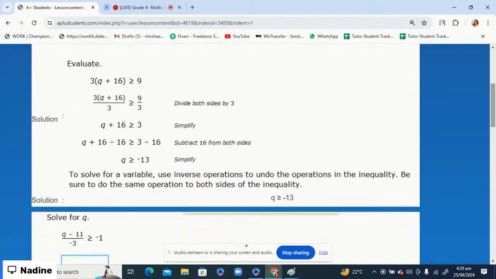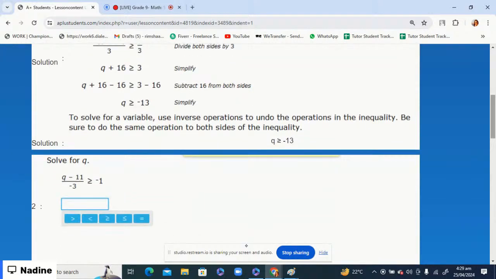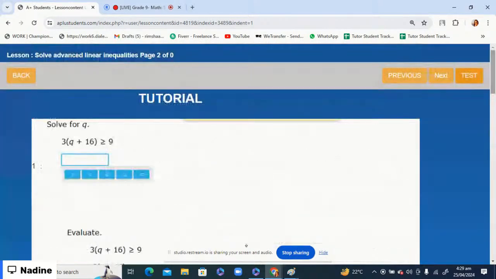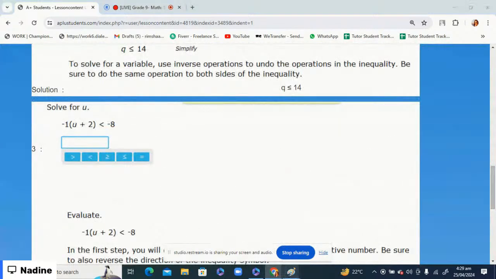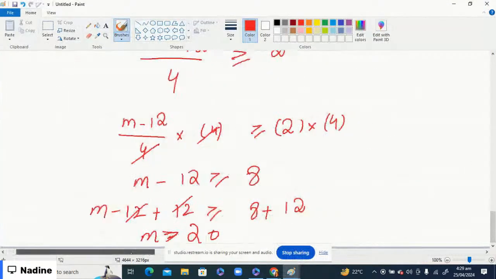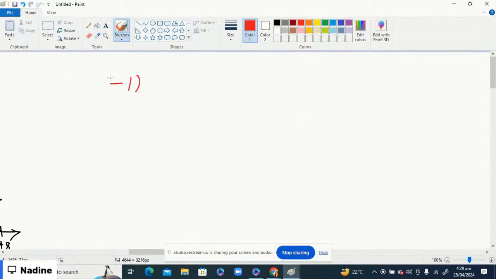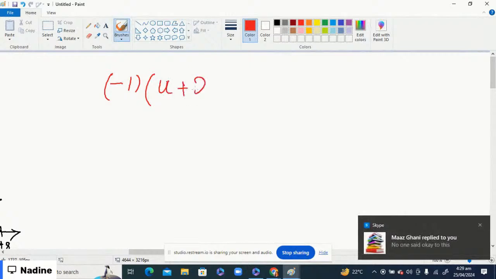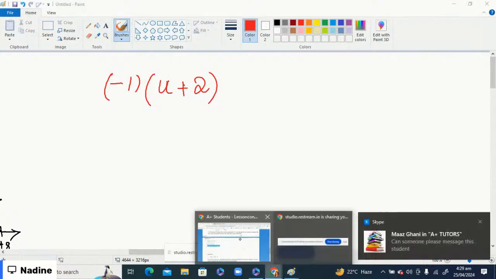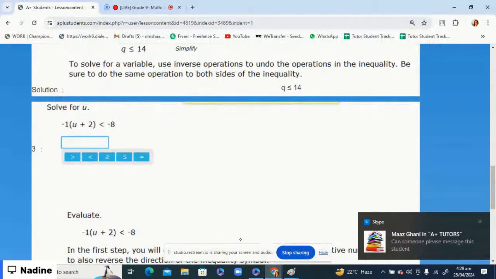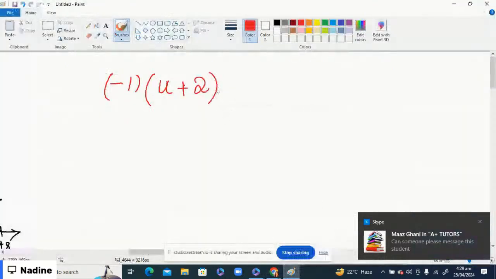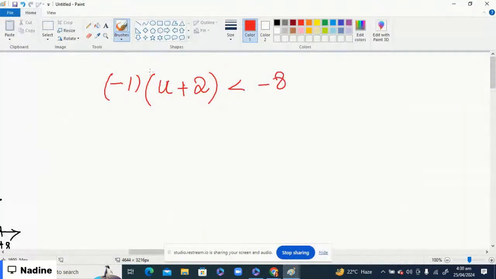All right, let's do some difficult questions. I think this one is easy now. Let me write a question here. This one: minus 1 times u plus 2, less than minus 8. So first multiply minus 1 with the numbers inside, minus u minus 2.